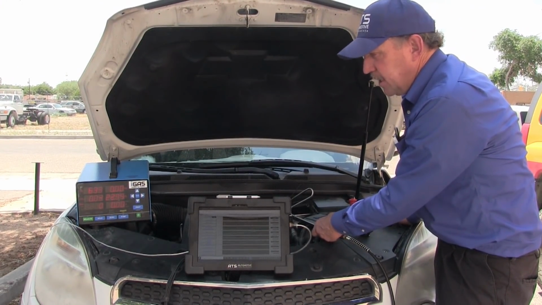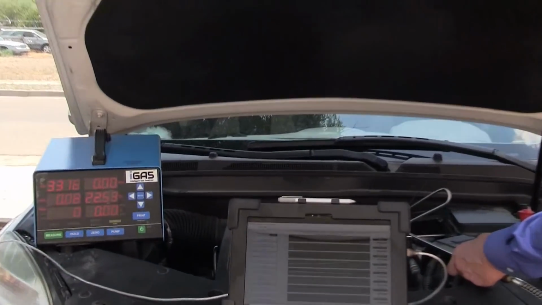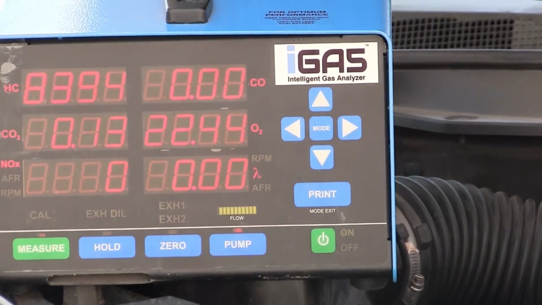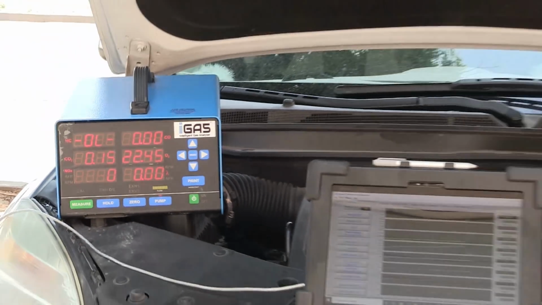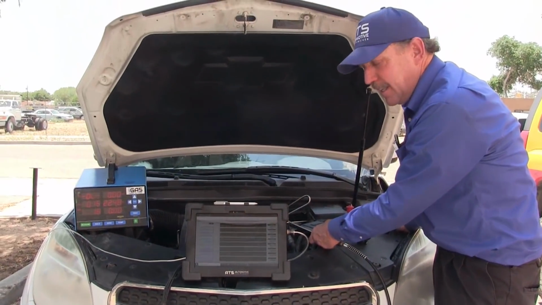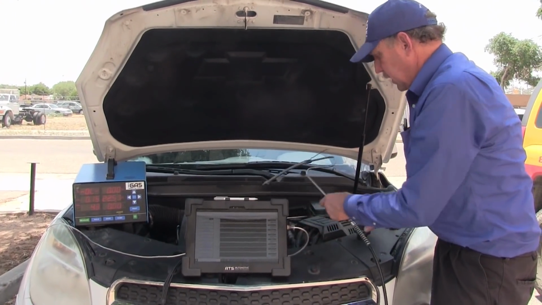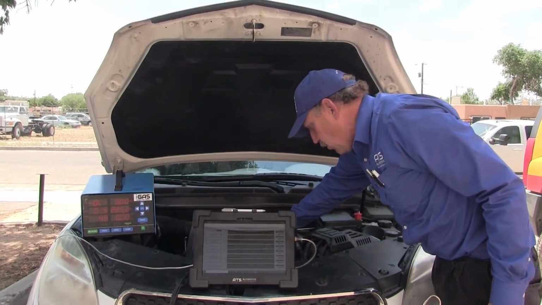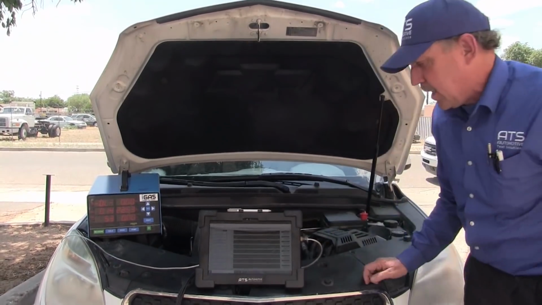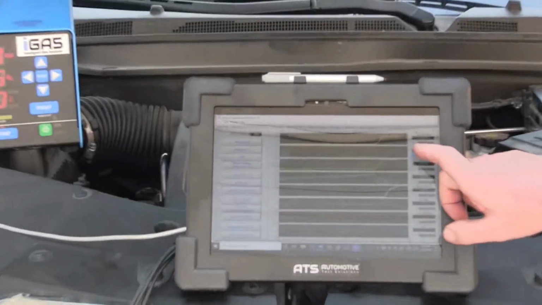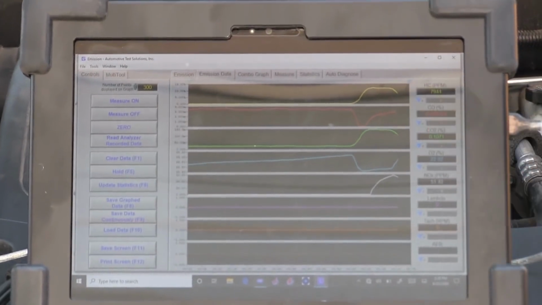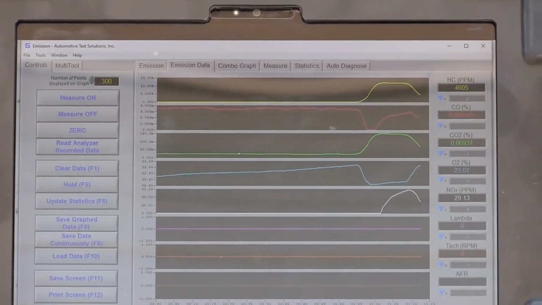Now we can see the HC racing up. 2, 3, 4, 6, 7. Oh well, it's higher than 9,000 parts per million on the front display. So let's go ahead and take that out, and let's see how high it really is. We can look at our data right here, and this will read to 40,000 parts per million.